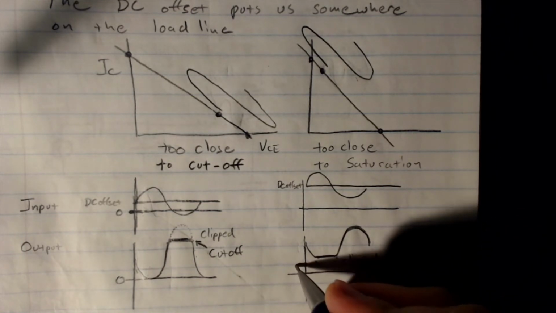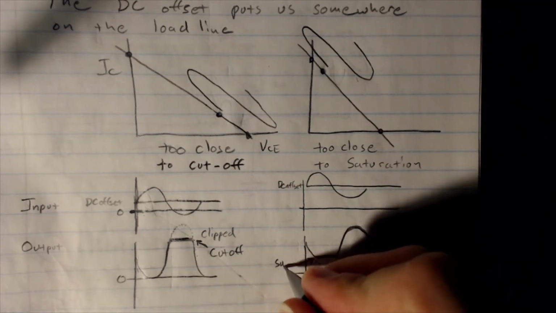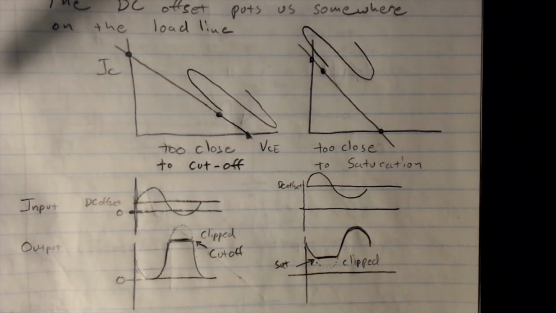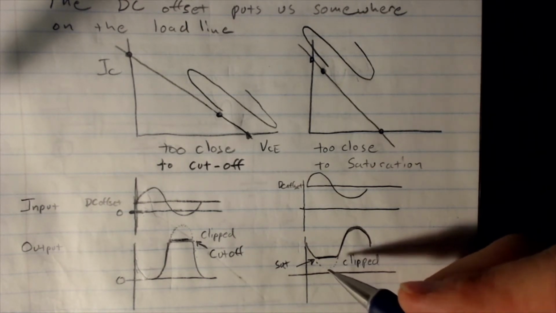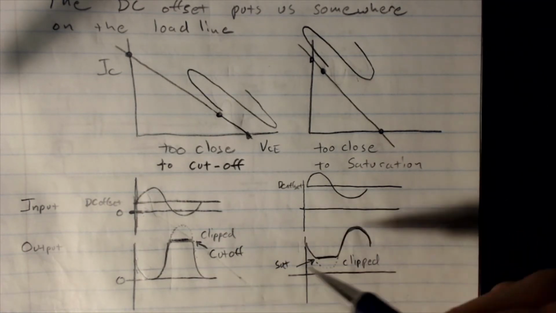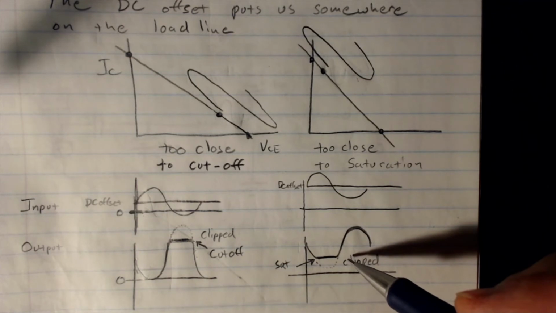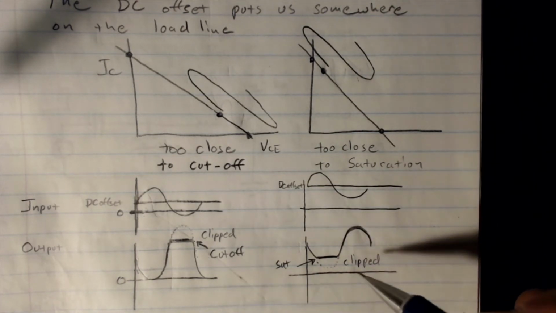Over here, this would be at saturation. Now, if you're trying to faithfully reproduce a signal, meaning you want to keep the integrity of that signal, then this is bad news. If you're trying to make a guitar sound really cool, if you're trying to add that distortion, if you're trying to produce music, then this is actually really useful. This is really cool.